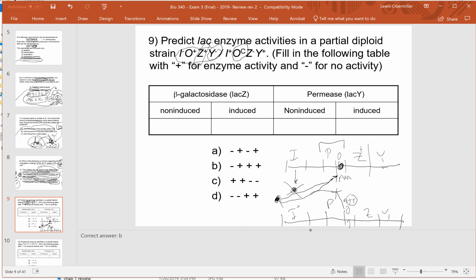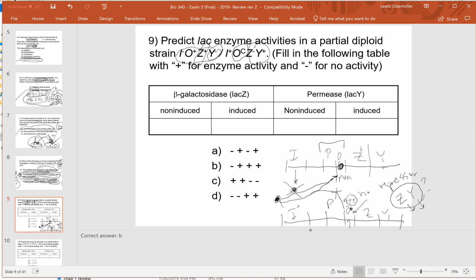So this one, there's no repressor because this is constitutive, and that means that whatever the product of Z and Y, that mRNA is always going to be made. Now, the question is, does it function? And that is told to you in the question here.